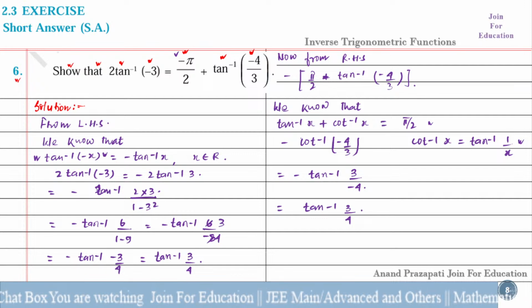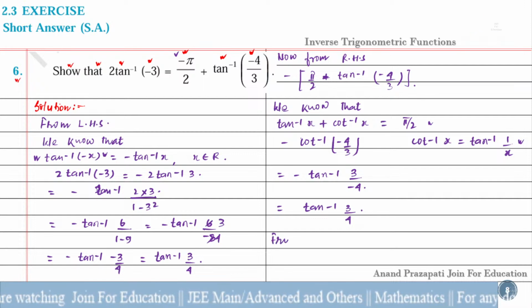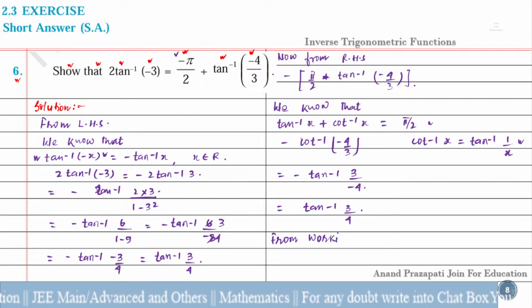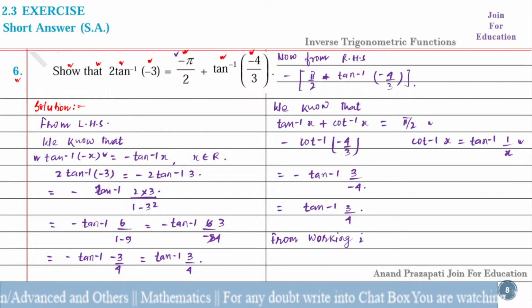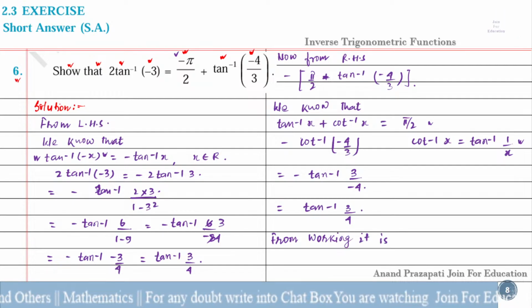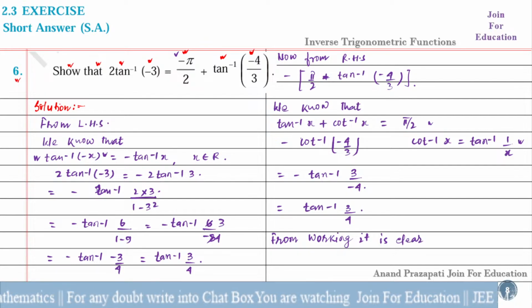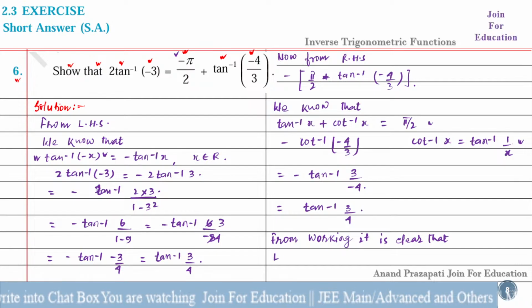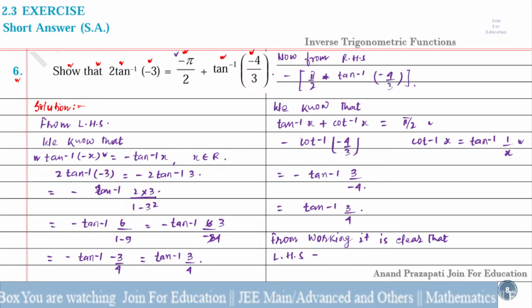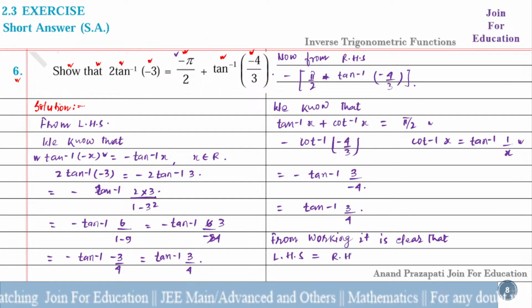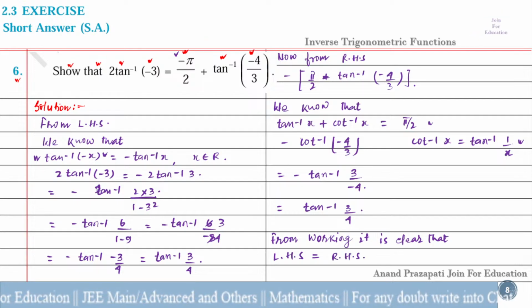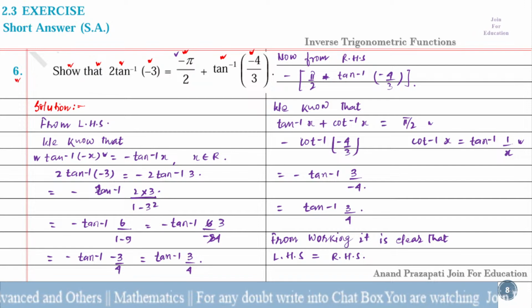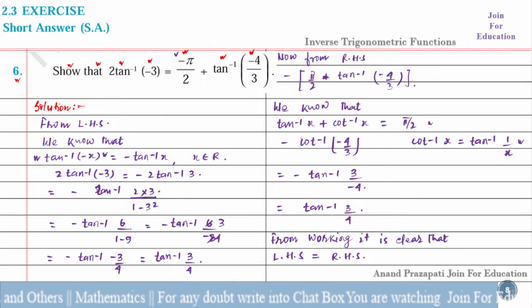So from the working it is clear that LHS equal to RHS. Is there any problem understanding the solution of question number 6?